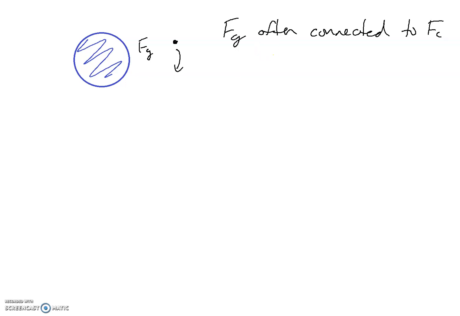Now if you look at the expressions, Fg of course is G(M)(m) over r squared, and this creates circular motion where you'd use the lowercase m, it's the mass that's actually going around. It's kind of neat because those two m's, first of all, cancel out. So it shows that the actual mass of the orbiting object has nothing to do with the orbit itself. It's more about the radius and the speed.